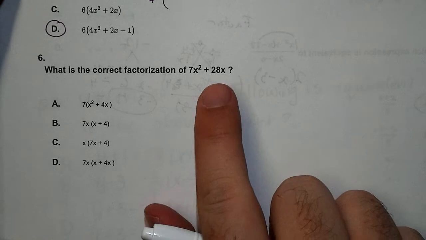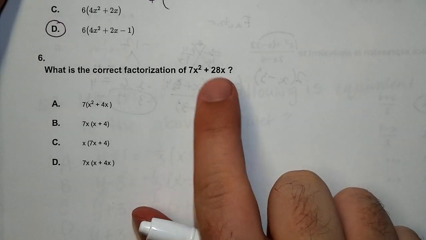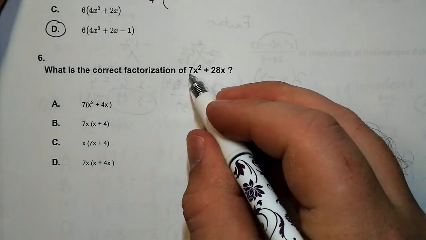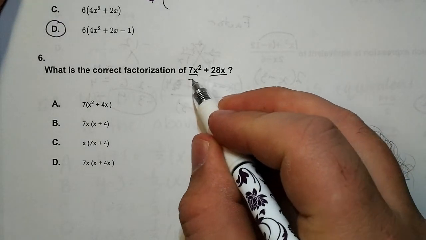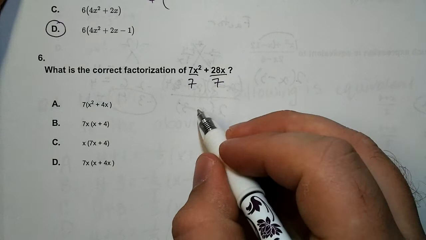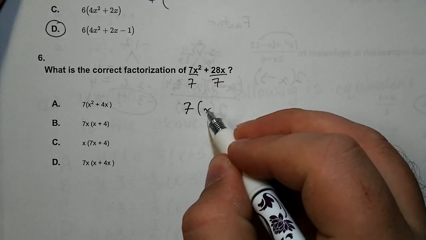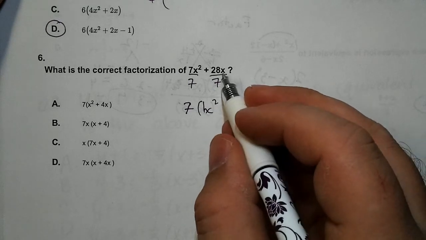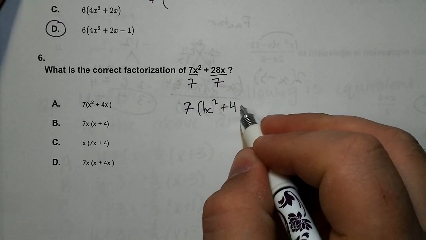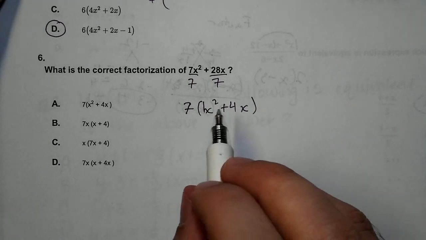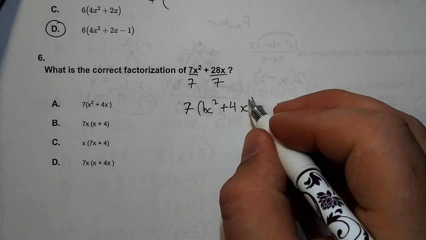What is the correct factorization of this? Well, what can I divide out of both of those? I can definitely divide out 7. So let's divide them both by 7. So 7 is going to come to the outside, and then that would be 1x squared, and 28 divided by 7 is 4, so that's 4x. Now, they both do have an x. You can only divide out the smaller value of x, which is just 1.